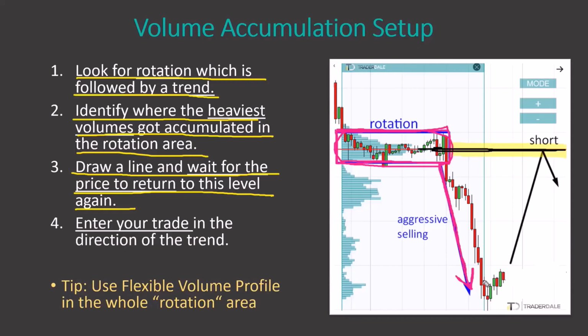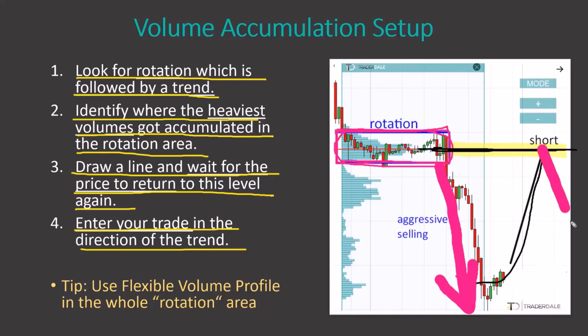It doesn't really matter how long you wait. Markets have great memory. What you do is you simply draw the line there, set an alarm or set a limit order, and wait for the pullback. When there is a pullback, you want to enter your trade at first touch, and you want to enter the trade in the direction of the trend. So there was a downtrend right in here.